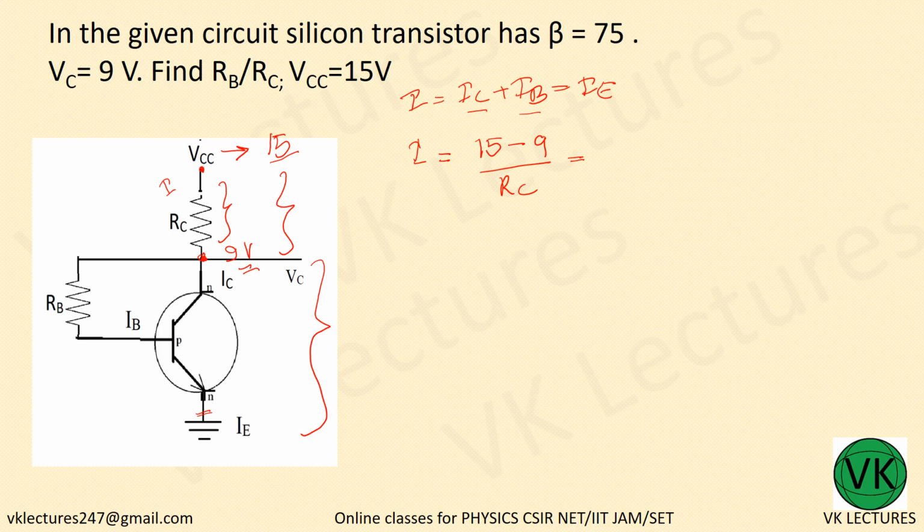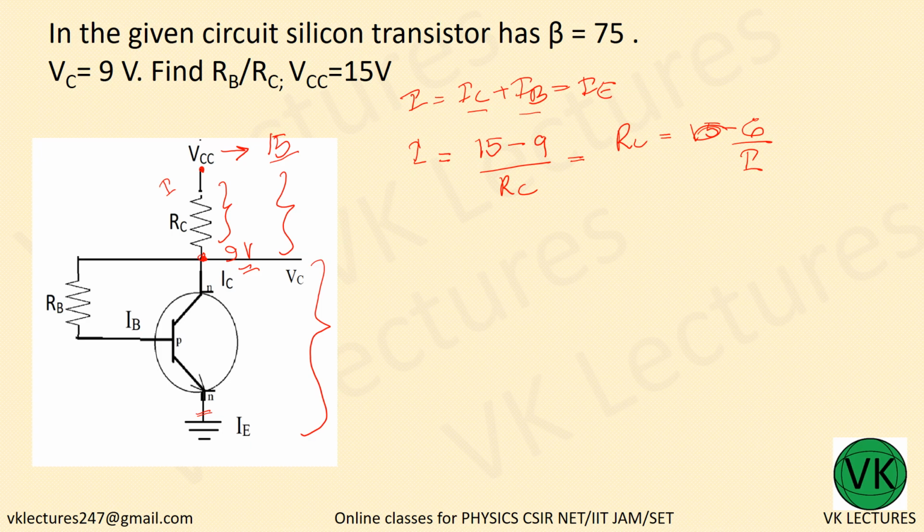That is nothing but RC value you will get. So 15 minus 9, that is equal to 6, divided by I. RC value is 6 by I.